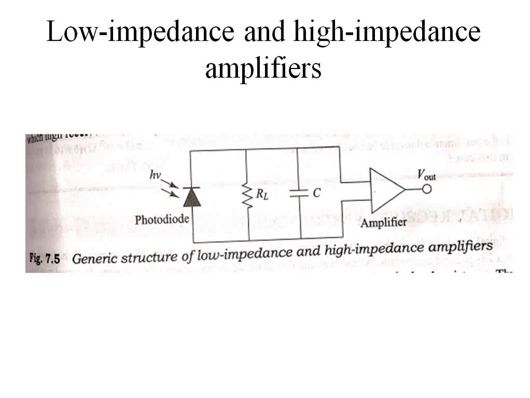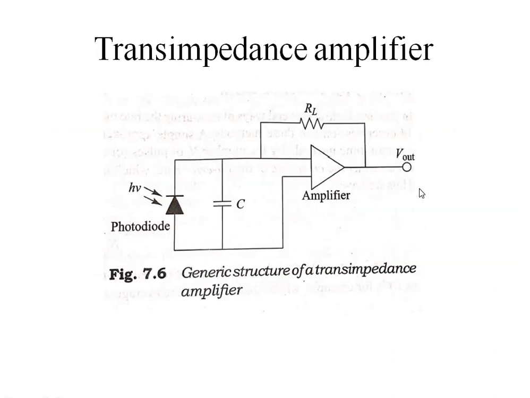That is why the next option is the transimpedance amplifier, which overcomes the drawbacks of the high impedance amplifier. In this case, RL is used as a negative feedback resistor around an inverting amplifier.